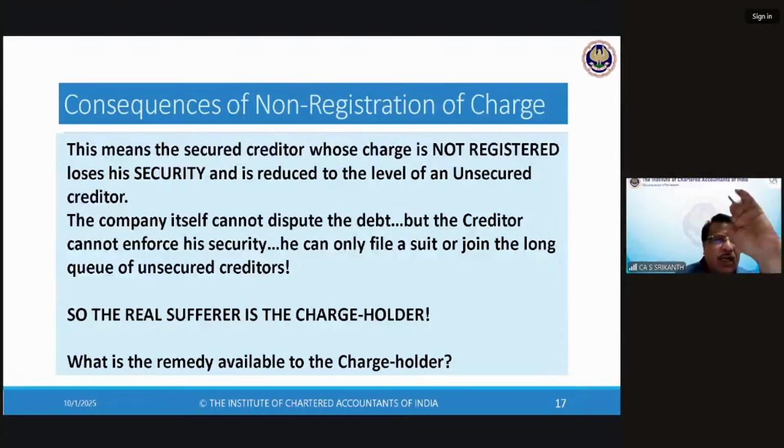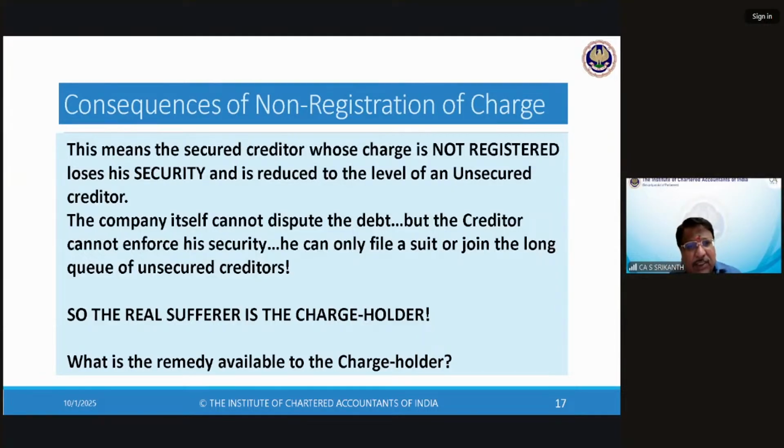Most of them will be in the non-current liabilities, with a few in current liabilities, like working capital loans. Beyond that, debentures would be a non-current liability. Beyond that, you will find the rest of the current and most of the non-current liabilities are unsecured.